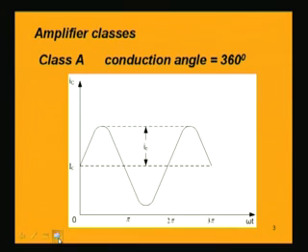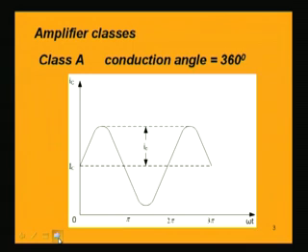The amplifiers can be divided into 4 types: class A, class B, class AB and class C amplifiers. The conduction angle, that is, the time or angle for which the collector current flows, differentiates between the different types of power amplifiers.